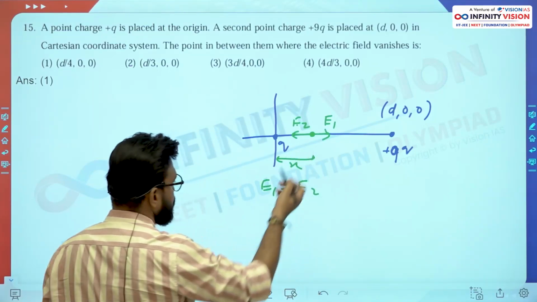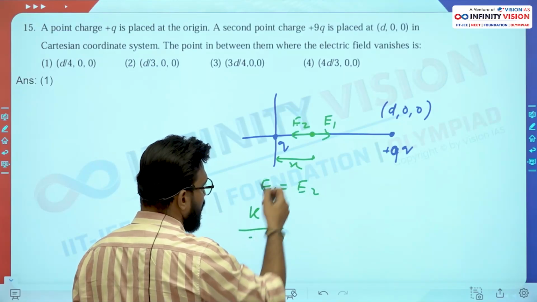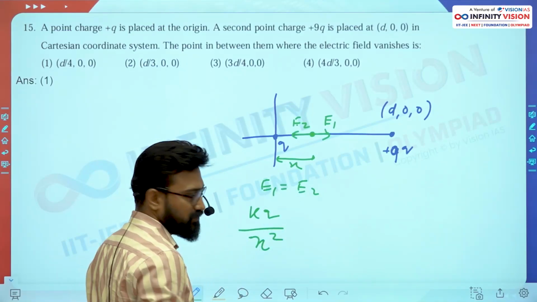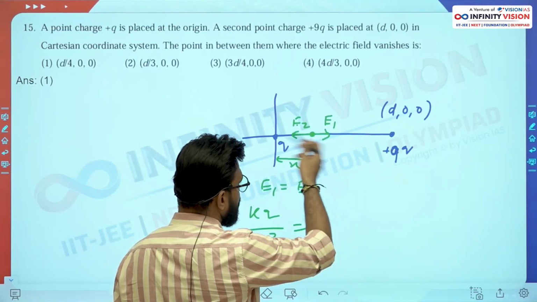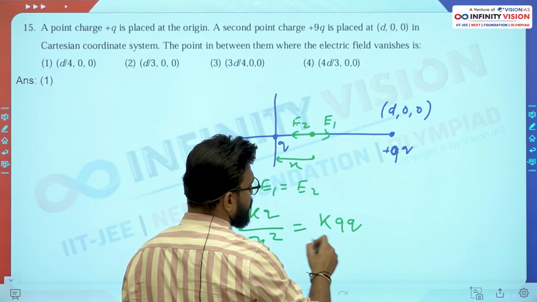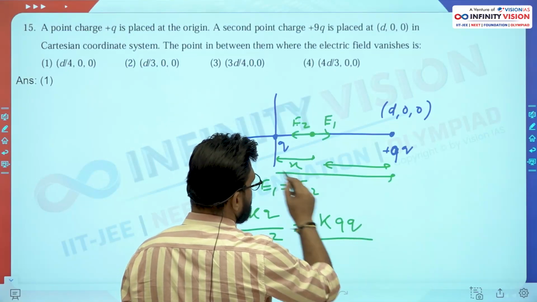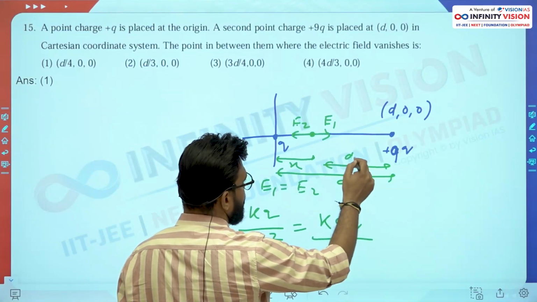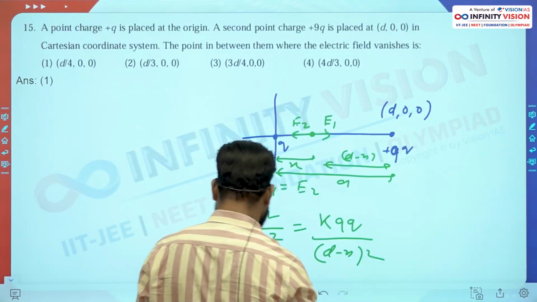So at distance x, the electric field because of the small q charge is kq by r square, and r distance is x, so this would be kq by x square. Because of this 9q charge, the electric field E2 is k 9q by r square. The distance between them is d, so this distance is d minus x, whole square.